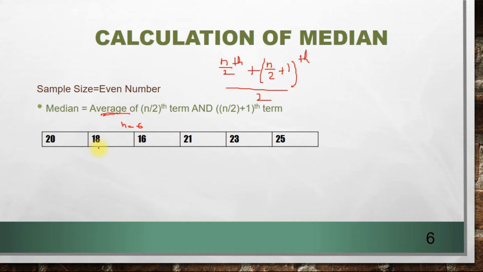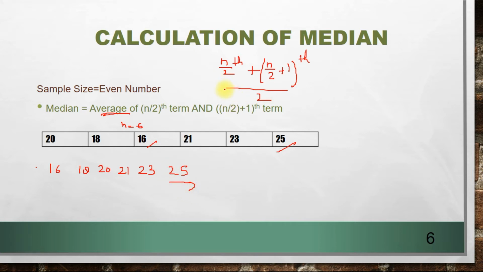Again we arrange our data in ascending order. The minimum is 16 and maximum is 25. It will be 16, 18, 20, 21, 23 and 25.